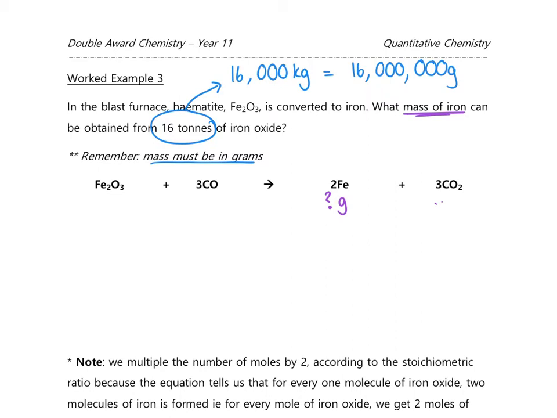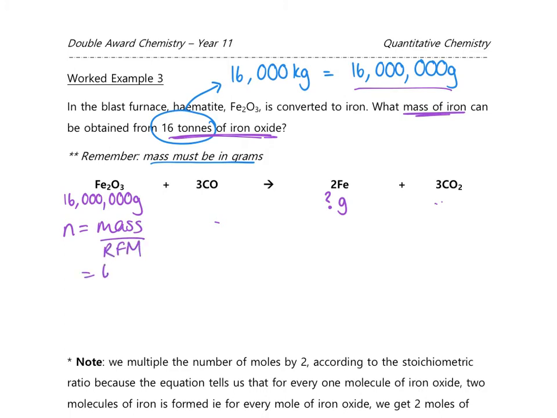What mass can be obtained from 16 tonnes of iron oxide? So I want to write 16 tonnes underneath my iron oxide, but I write that in grams, which is 16 million. So I have 16 million grams of iron oxide. First step, as always, convert that to the number of moles. So n equals mass over RFM.